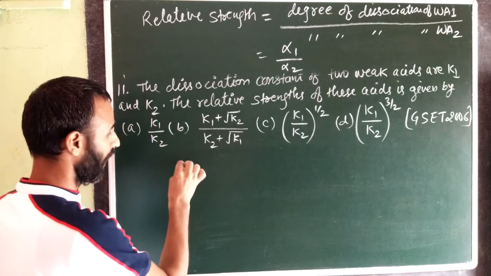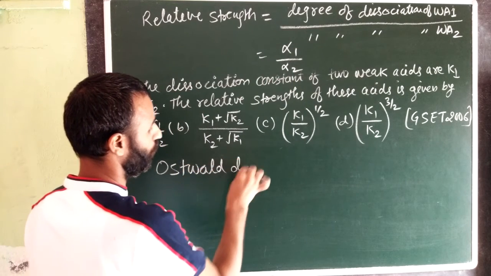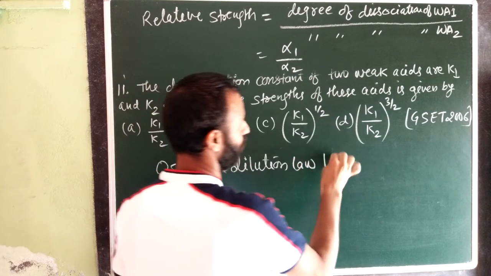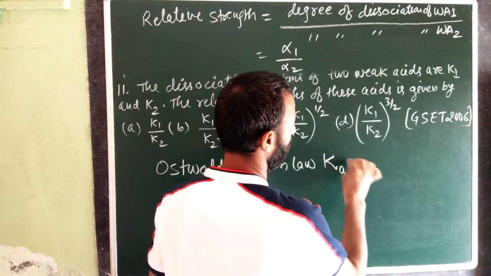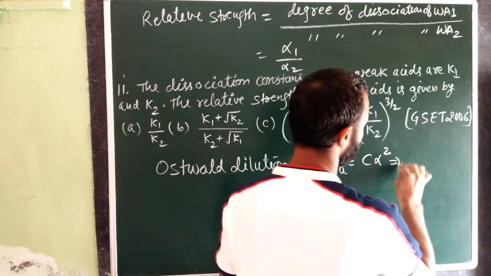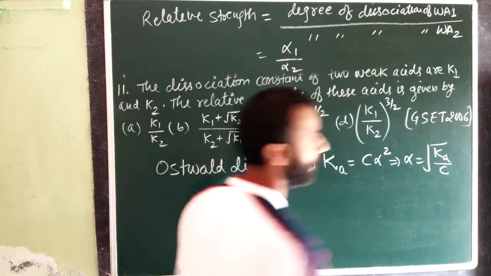And you know, according to Ostwald dilution law, Ka equal to C alpha square. That implies alpha is equal to square root of Ka over C.